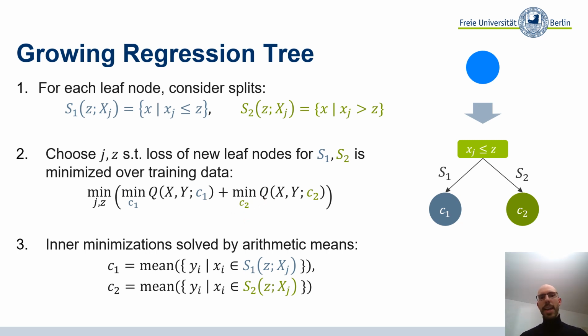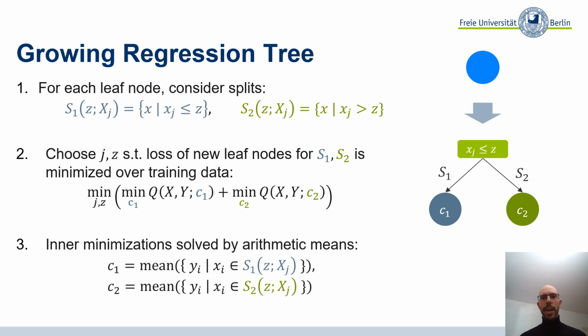Now, luckily, this minimization can be simplified a lot because we're using mean squared error for our impurity scores. And when you have mean squared error, the value that is going to give you the minimum is quite simply the mean of all the values that you get.